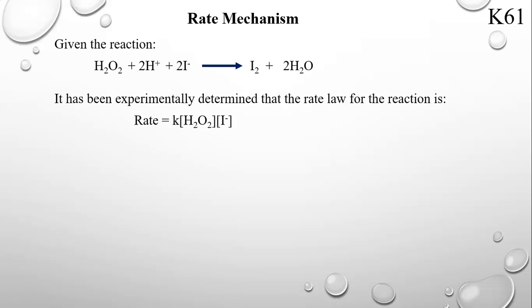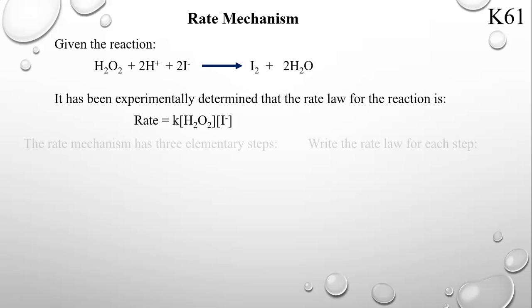So they're saying that that's what they did here, and that's how they figured this out. So H2O2 is first order, the exponent is 1. I minus is first order, exponent is 1. The overall order of this entire reaction is second order because 1 plus 1 equals 2. Go back and review the second lesson if that's all a little foggy for you.